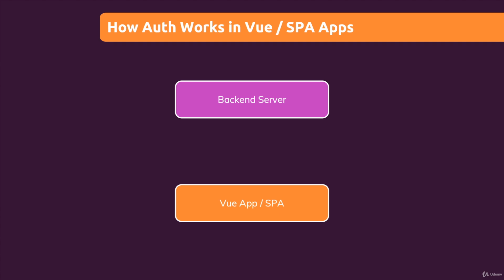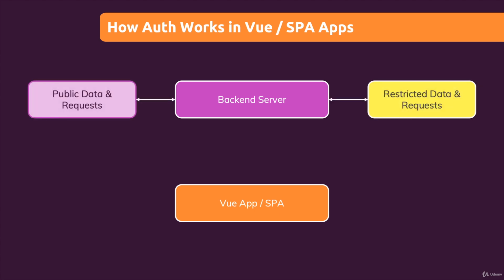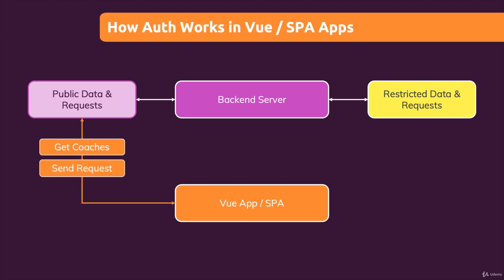Now, the thing is that on this server, we have certain public resources, but also some restricted resources. For example, in our course project, we might be able to get coaches and send messages to coaches without being logged in. So that would be public data and public resources, which should be accessible by any visitor of this web page, no matter if you are logged in or not.